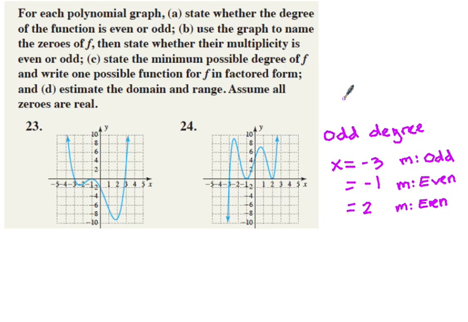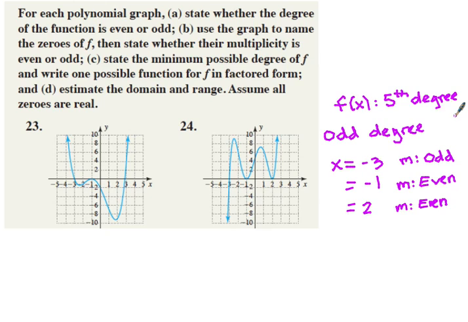So the smallest degree this could be is a 5th degree polynomial. Okay, which fits our first guess that it's going to be an odd degree. So 5th would match. Okay? So anytime it's even, assume that the smallest it could be is 2. And then anytime it's odd, assume the smallest it could be is 1.